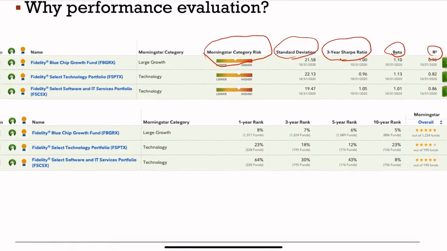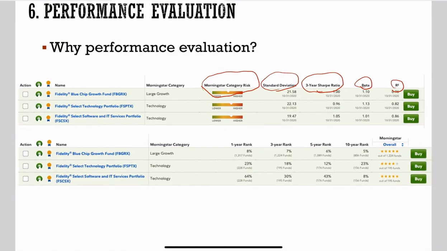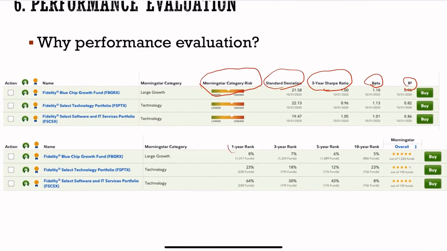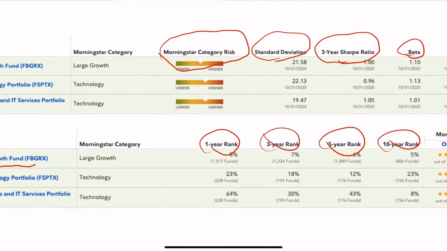And then you could also see that Fidelity will also show you some sort of rank. So let's say I'm trying to evaluate this Fidelity Blue Chip Growth Fund, and I find out among 1,300 funds, it has a 8% rank, right?